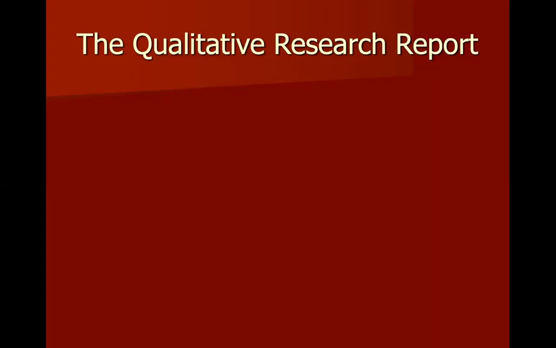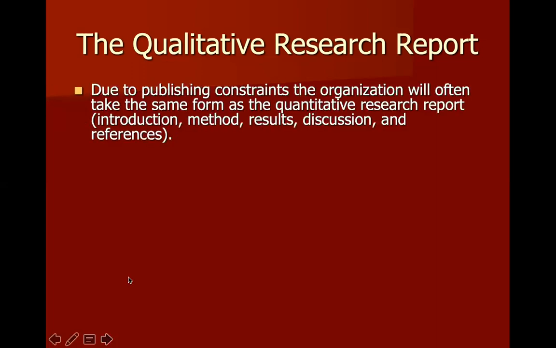So you can describe, and then you can also analyze and break down what's going on, but you're not interested in the frequency of it, or how widespread it is, which is what quantitative researchers look at. Because of the publishing constraints for journal articles, right, they want to fit a substantial number of articles into one journal.